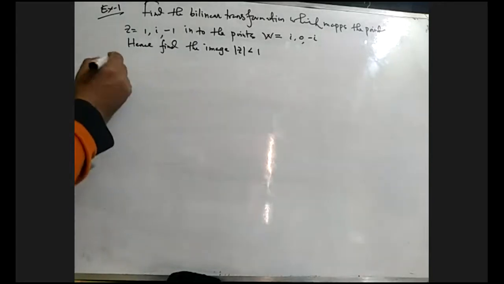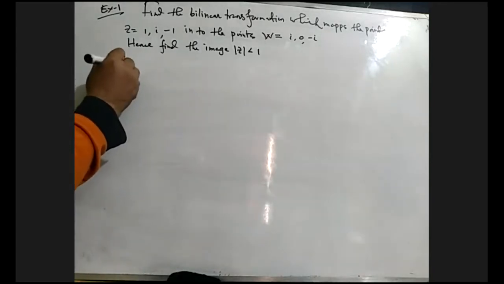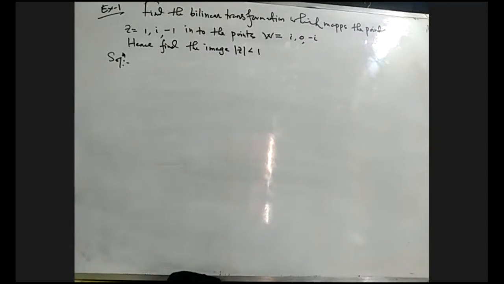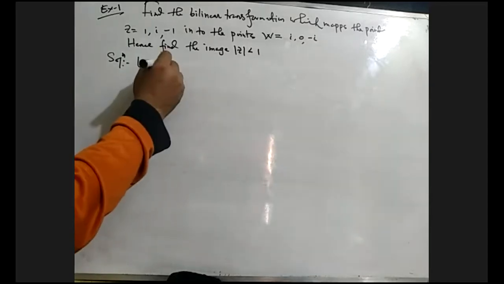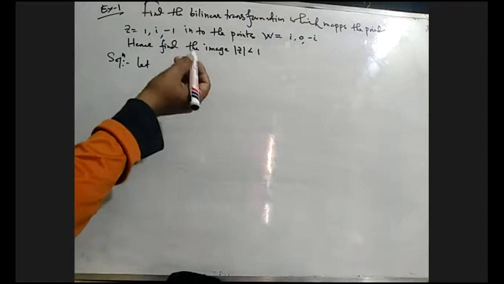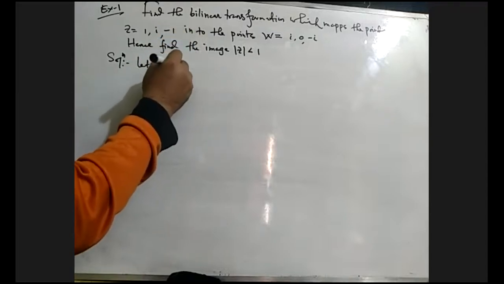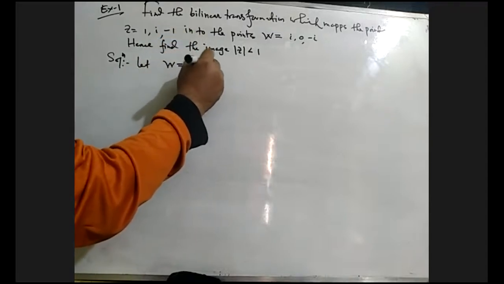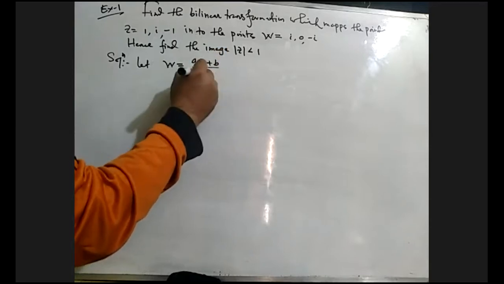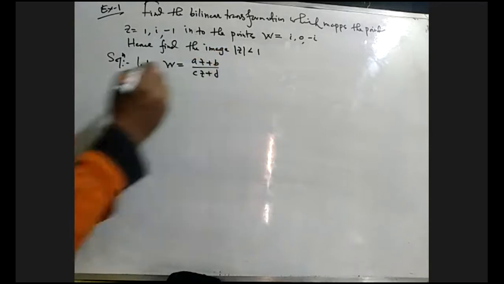Now the solution will be, let the transformation according to the definition of bilinear transformation, W equals to what will be? (AZ plus B) divided by (CZ plus D).